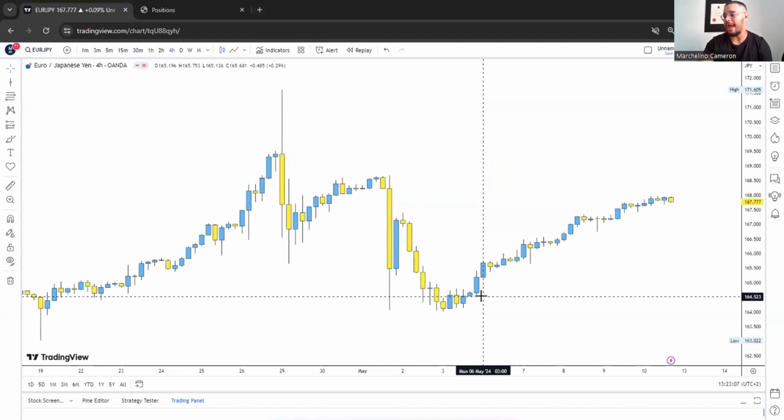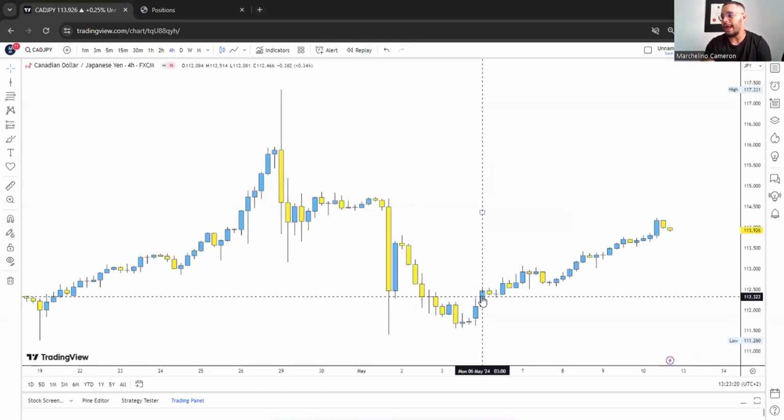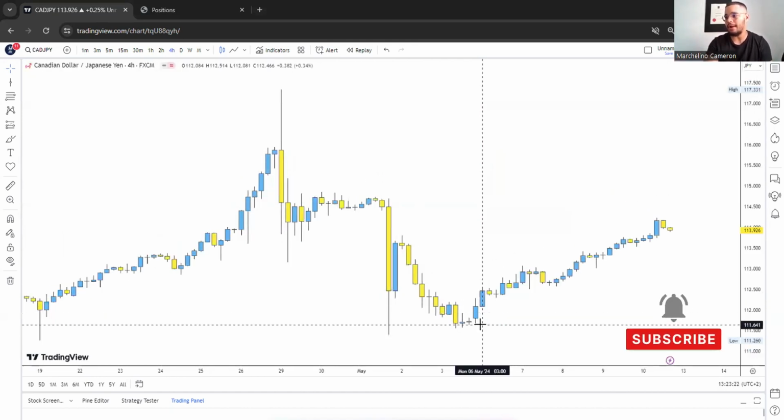What you can see is that on Monday the 6th, at the 7 o'clock close coming out of Asia, we have a bullish candle, signaling to me that there's potential yen weakness in the market. Let's go on to CAD JPY. CAD JPY closed strong bullish, so that means yen weakness.